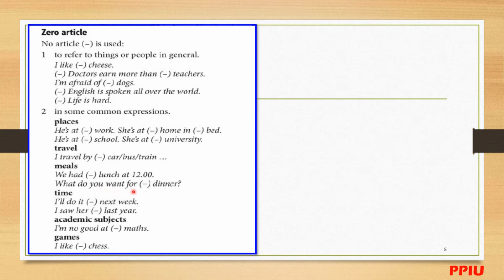What do you want for dinner? No article here. Time: I'll do it next week. I saw her last year. Academic subjects: I'm no good at maths. Games: I like chess. So all these things we never use with the article.